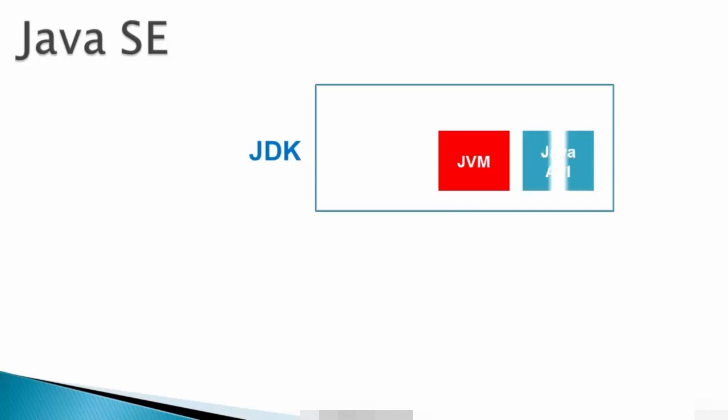And it would also include the actual Java API code, that is the Java library code, which is predefined functionality that we can readily use when writing our Java programs. And it would also include development tools like the Java compiler, so that we can compile our Java programs. So all JDKs that we get from the different providers would include these components.